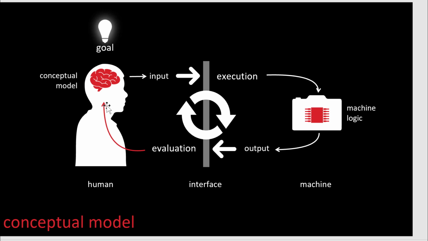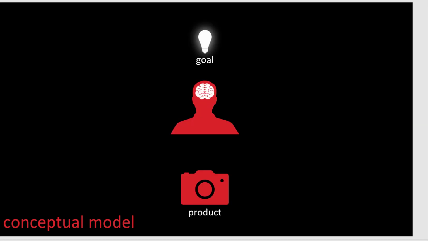The user's conceptual model is not the same as the machine logic or the designer's conceptual model. The feedback loops are essential for good interaction. Let's think about, how does this thing work?